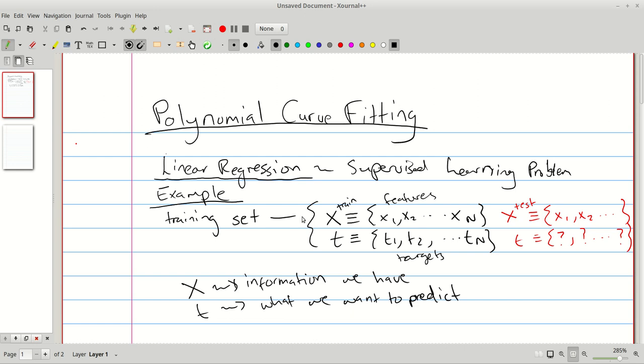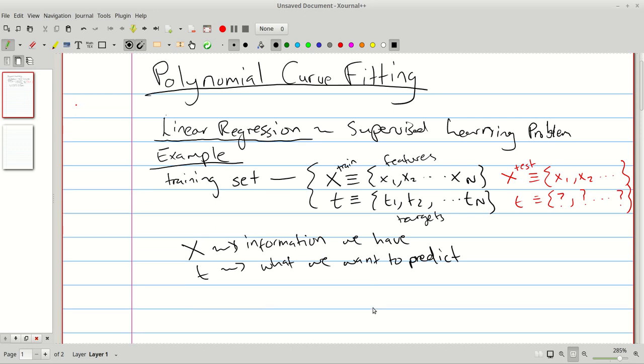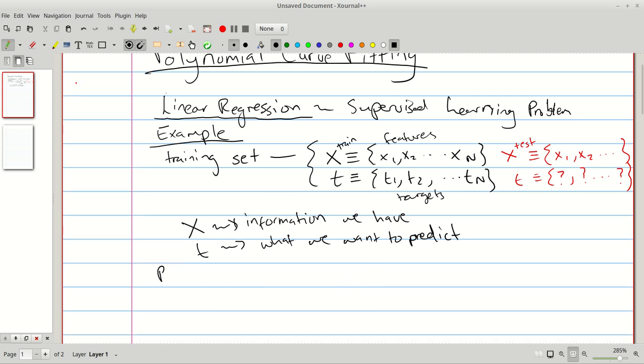Anytime we want to predict continuous variables, we're solving a regression problem.